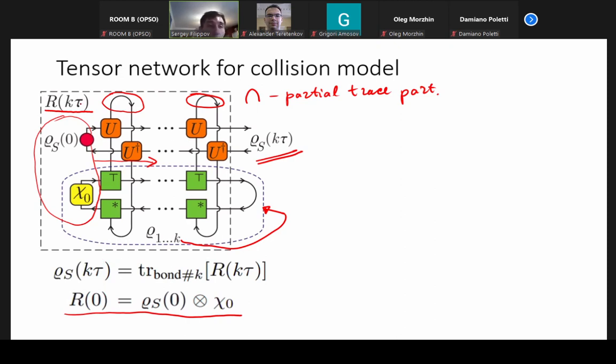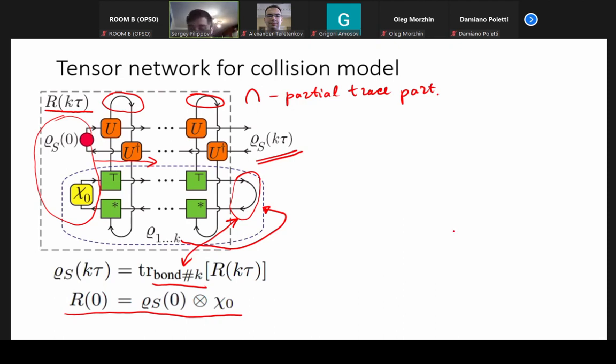And then we just need to propagate it to the right, so contract the tensor network after K collisions. And then we should take the partial trace over the bond degrees of freedom. So this partial trace is given by the right diagram here.